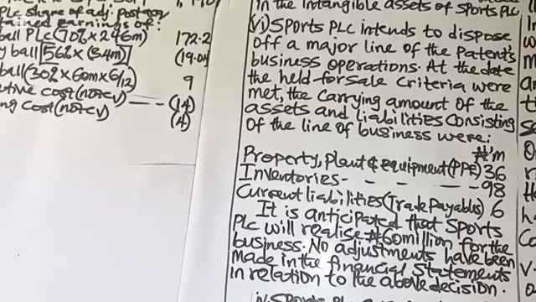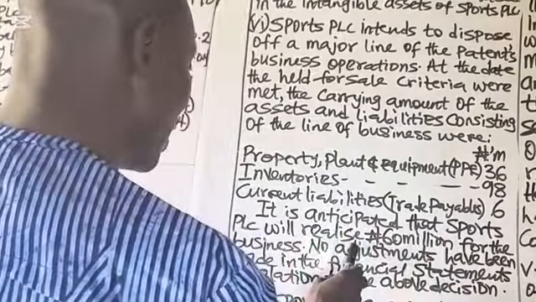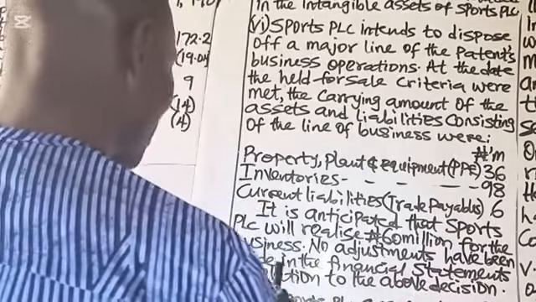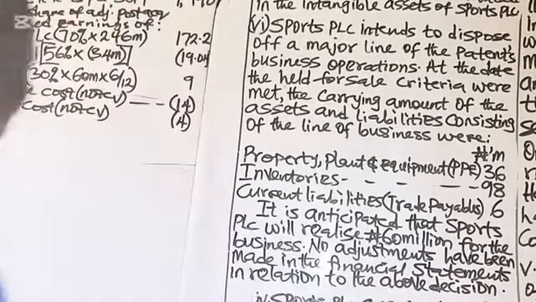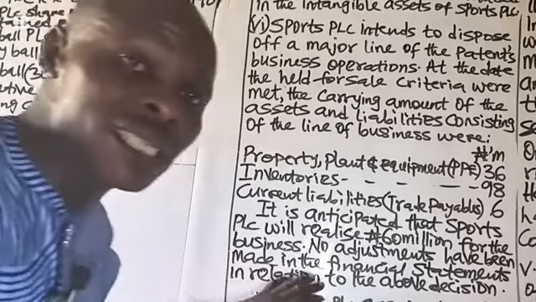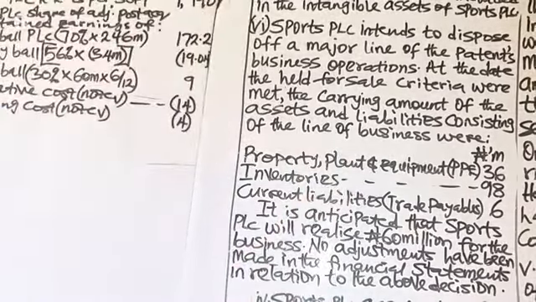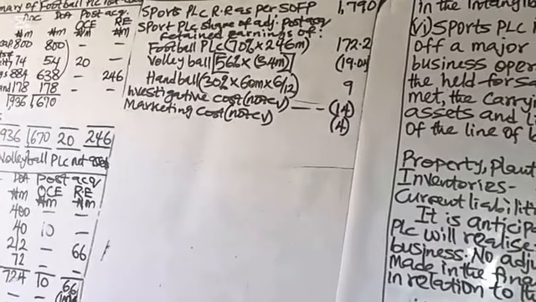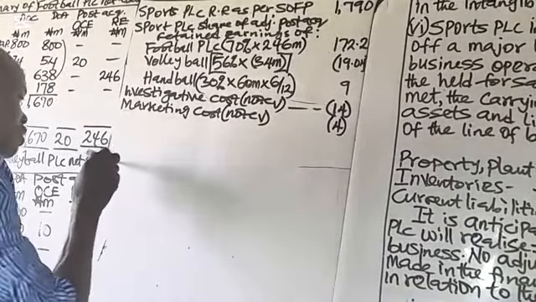And you were told it is anticipated that Sport PLC will realize 60 million for the business. No adjustments are being made in the financial statements in relation to the above decision. So we want to calculate the impairment of the disposal unit. Now let's have working 12.